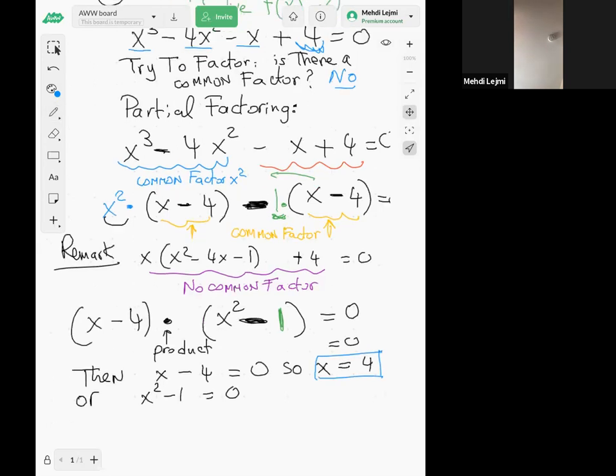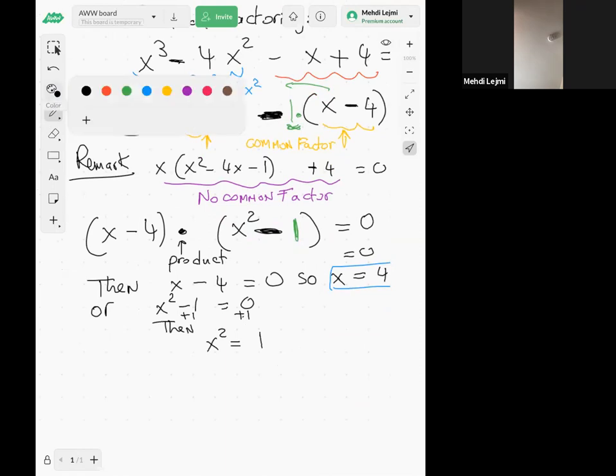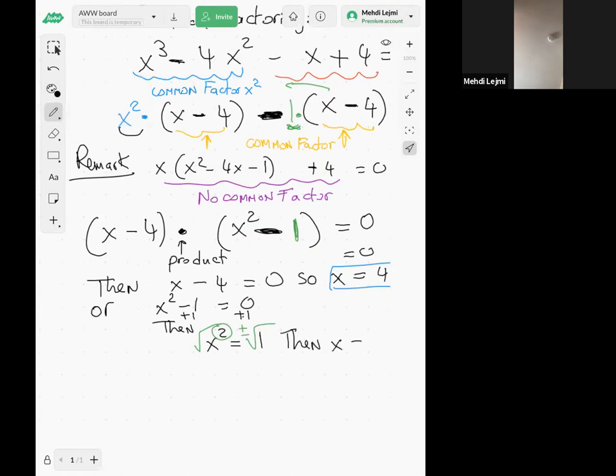And then we have to solve the next equation, which is x squared minus 1 equal to 0. We're going to add plus 1 both sides. So then x squared is equal to positive 1. Apply square root. Because the power is even, you're going to need plus or minus. So x is positive 1 or x is negative 1.